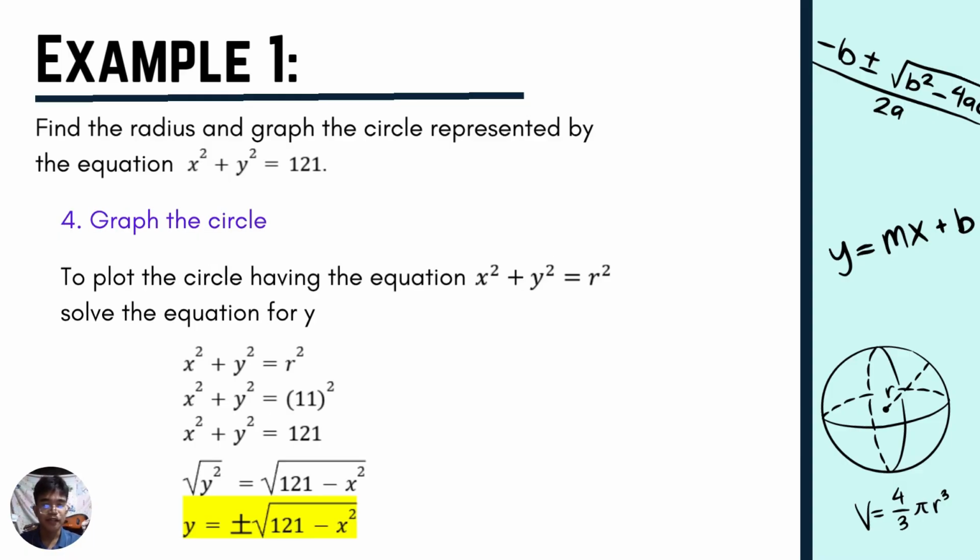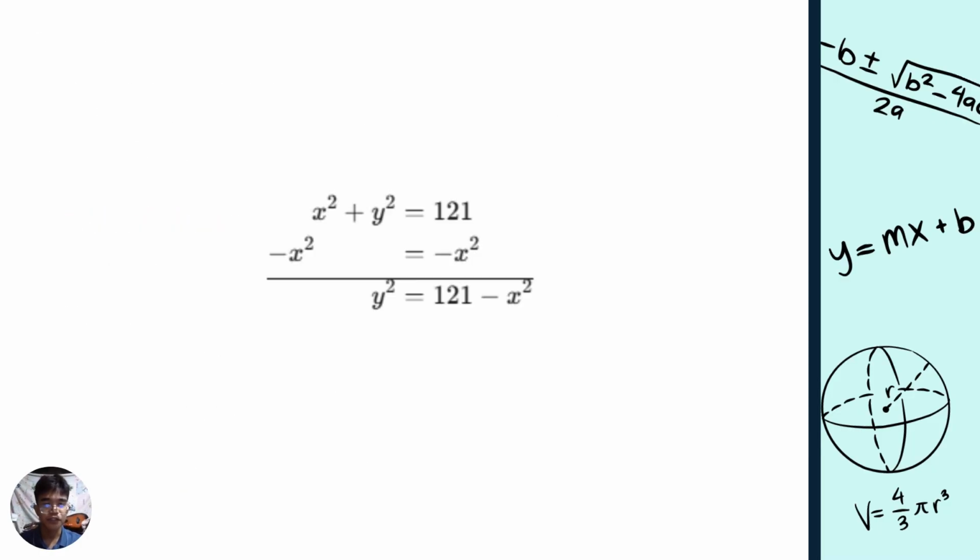To plot the circle having the equation x squared plus y squared equals r squared, solve the equation for y. So we have x squared plus y squared equals r squared, and we know that our r is equal to 11. Now we have x squared plus y squared is equal to 11 squared, and 11 squared is equal to 121. Now we must solve the equation for y.